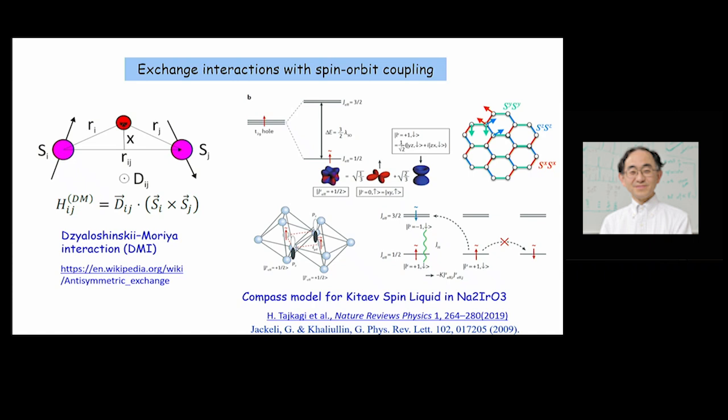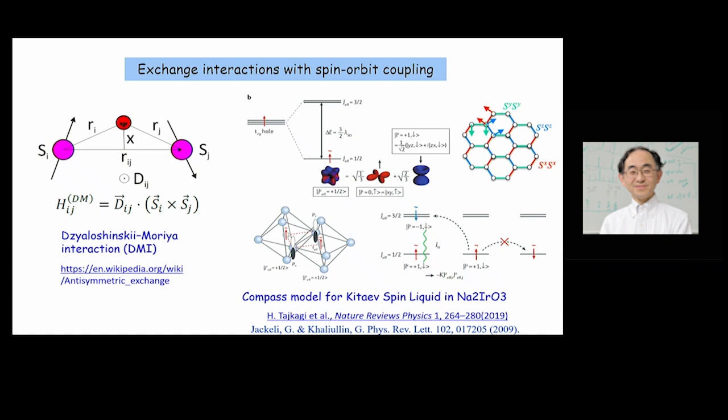And another even more interesting one is this Ising type, so-called compass model, recently relevant to the Kitaev spin liquid in these materials. This one was proposed by Jackeli and Khaliullin several years back. In this case, the role of the spin-orbit interaction is crucial.